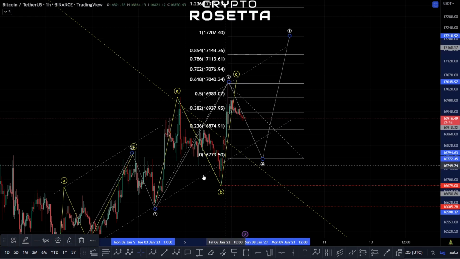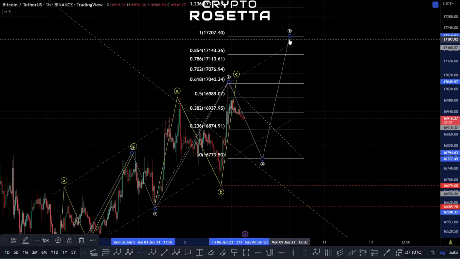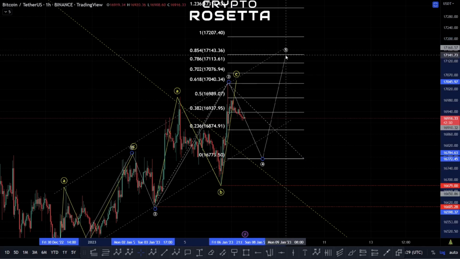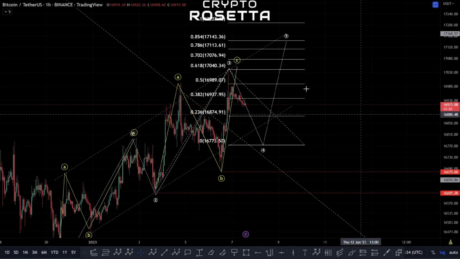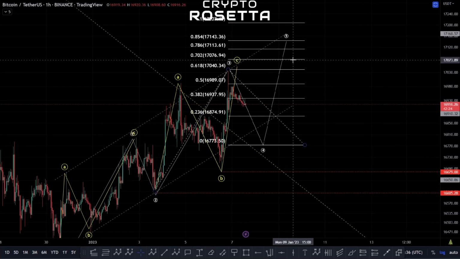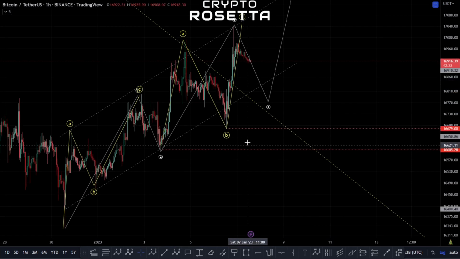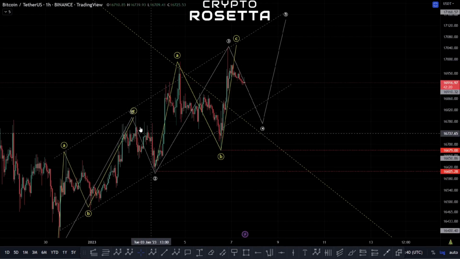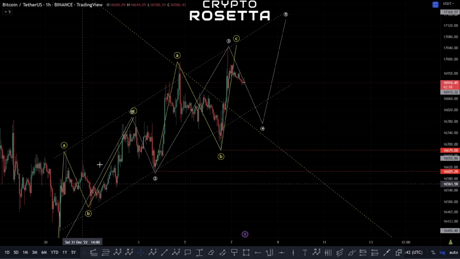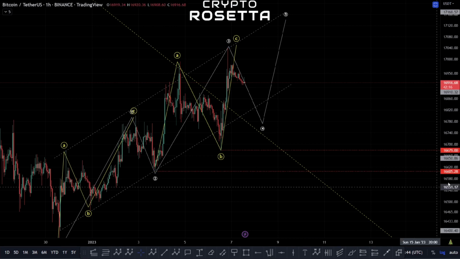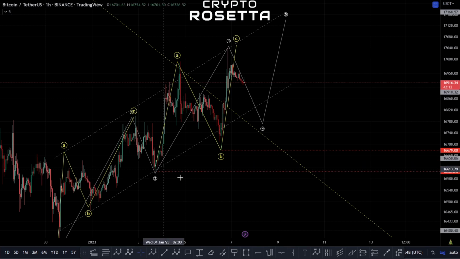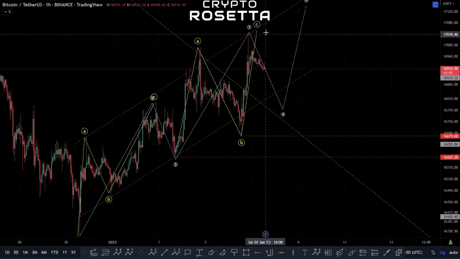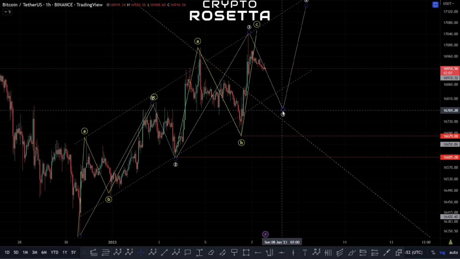If it did, it would actually invalidate the structure and we would be looking at something else within this move. So we just need to bear that in mind, that if we do have this as a diagonal structure, what we would be wanting to do is actually hold above. We'd want to take this wave one high, but we'd also want to stay above the 16,605. Breaking down past this point would indicate that we have a different structure here and we would invalidate this diagonal potential.